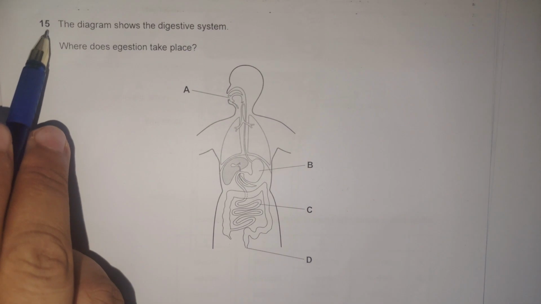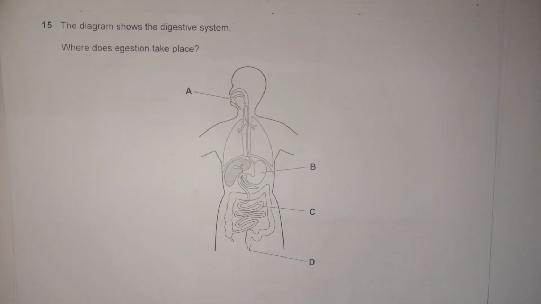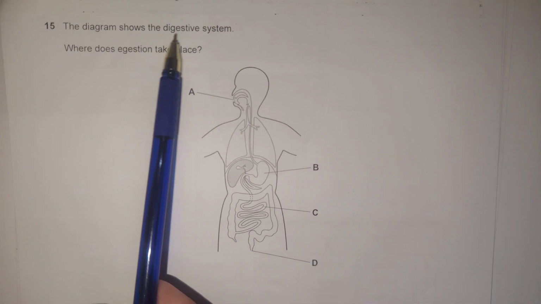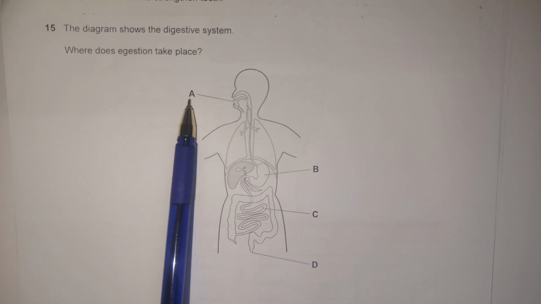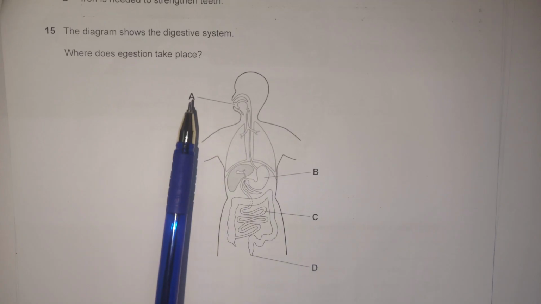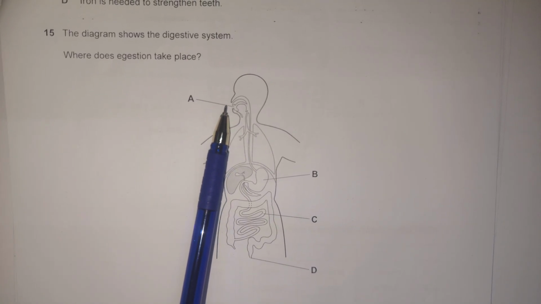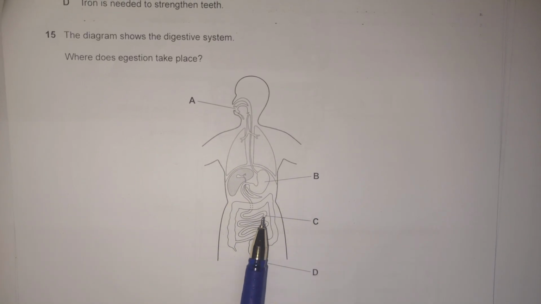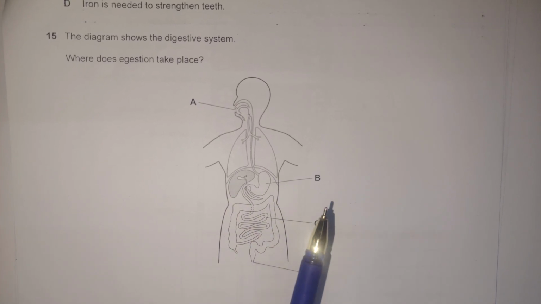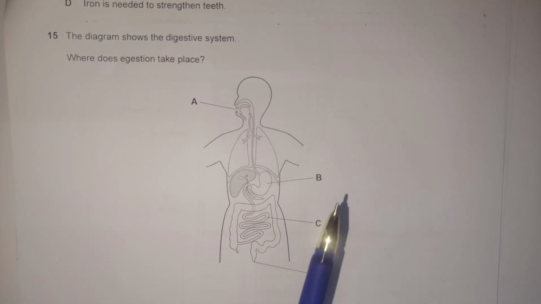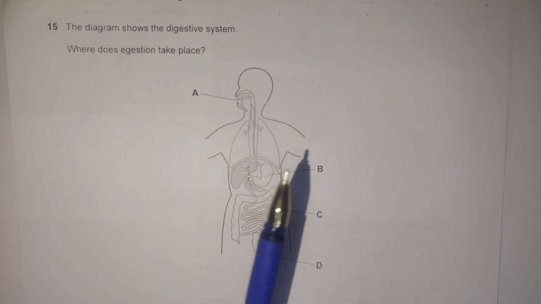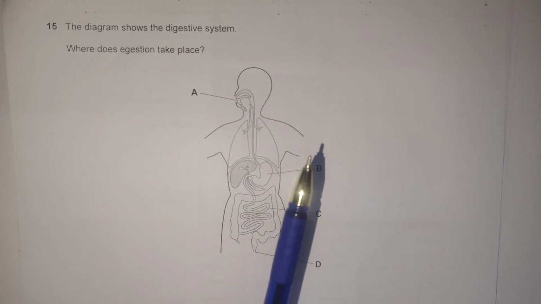Question number 15. A very easy question for those who have learned the digestive system and who know what the parts are called: esophagus, nasal cavity, small intestine, stomach. Those who know the labeling or parts of the digestive system, for them this question is just a blink of an eye.